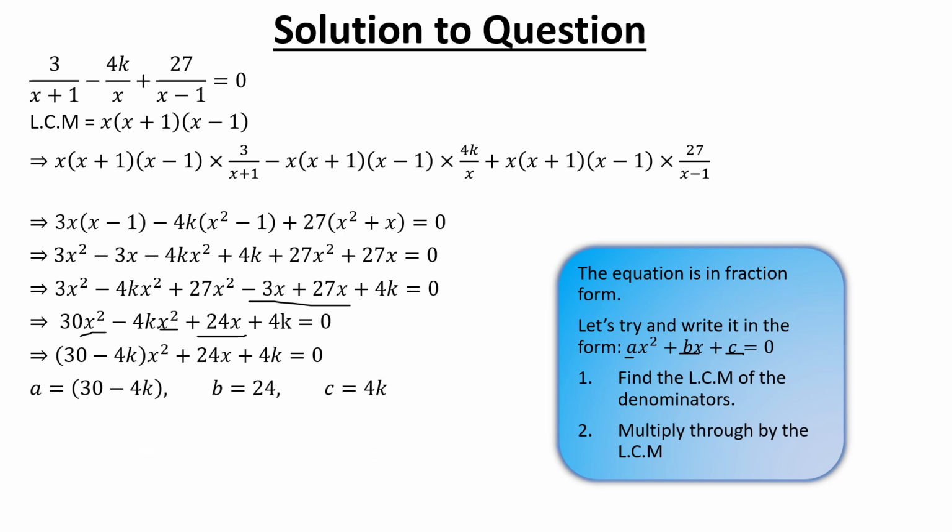So we can easily identify A, B, and C. A is equal to 30 minus 4k, B is equal to 24, and C is equal to 4k.